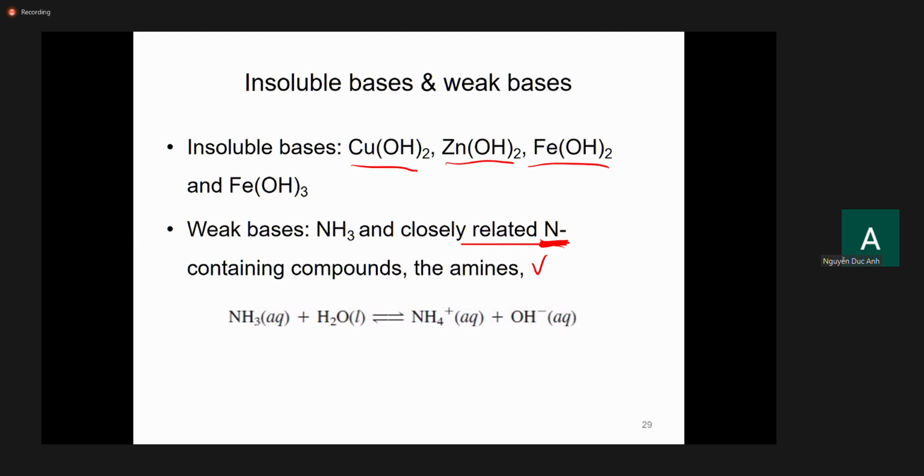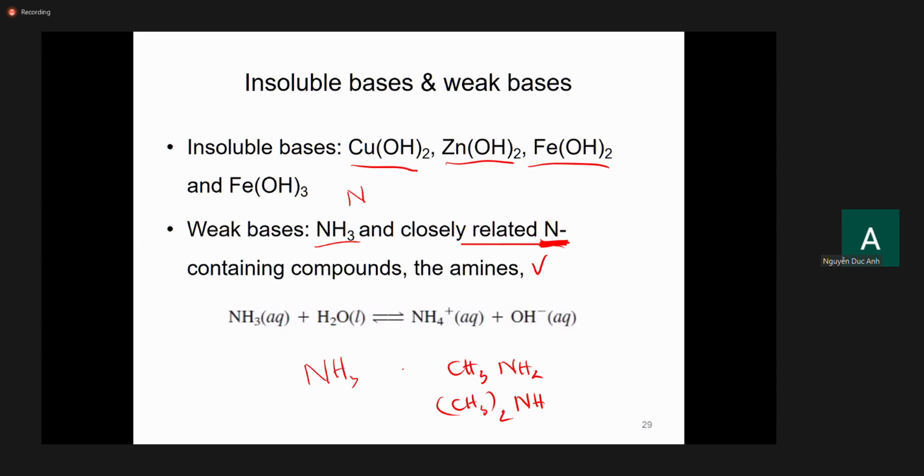The most common weak base you see is ammonia, NH3, and if you change 1H or 2H or sometimes 3H by hydrocarbons like CH3, NH2, CH3 2 times NH, something like that, we will have closely related compounds, or we call them derivatives of NH3, and this one is normally named an amine. So this one will be considered a weak base.